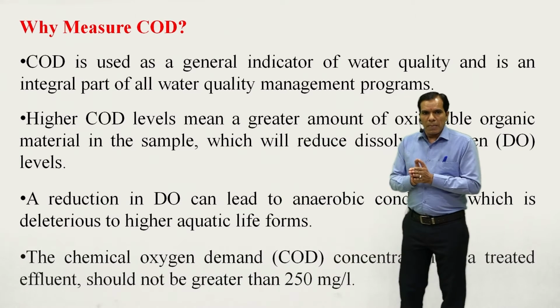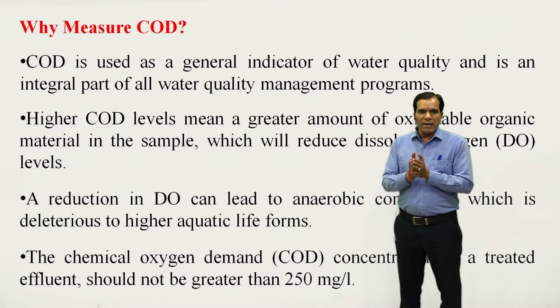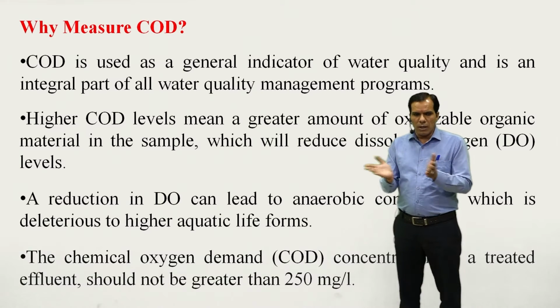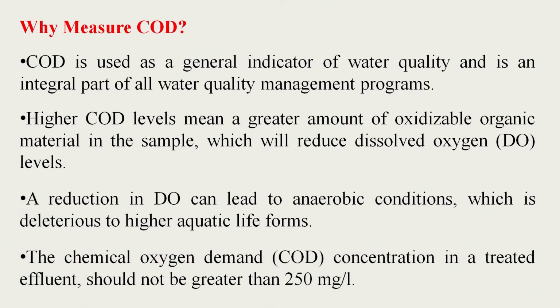It means if the value of COD is higher, then the water cannot be used for domestic purposes. A reduction in dissolved oxygen can lead to anaerobic conditions, which is deleterious to higher aquatic life forms.